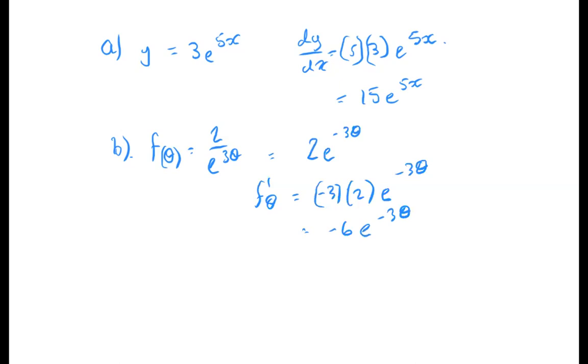And then if you want to, you can bring that exponential back underneath, so it becomes minus 6 over e to the 3 theta. Can you leave it as a 1 before? Yeah, you can. Either way, both are the right answer.